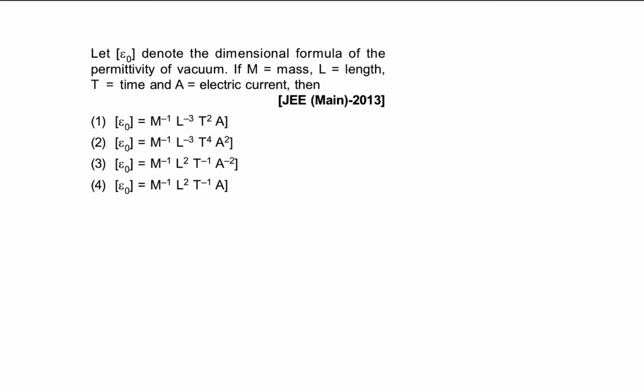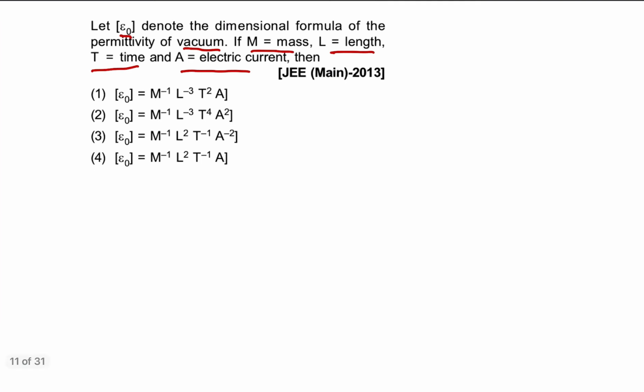As per the question, let epsilon naught denote the dimensional formula of the permittivity of vacuum. If m is the mass, l is the length, t is the time, and a is the electric current, what is the dimensional formula for permittivity in vacuum? To write it, first of all you should have the expression for the relation for the permittivity.